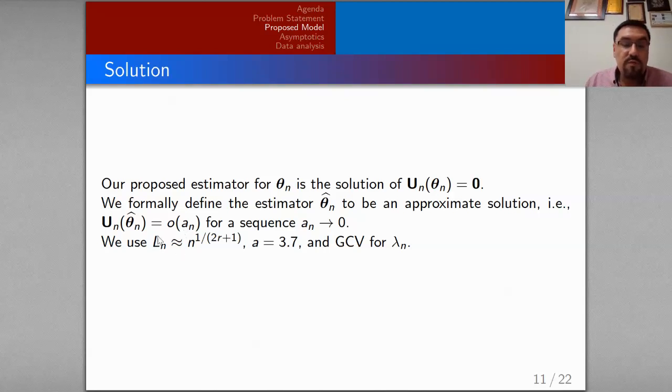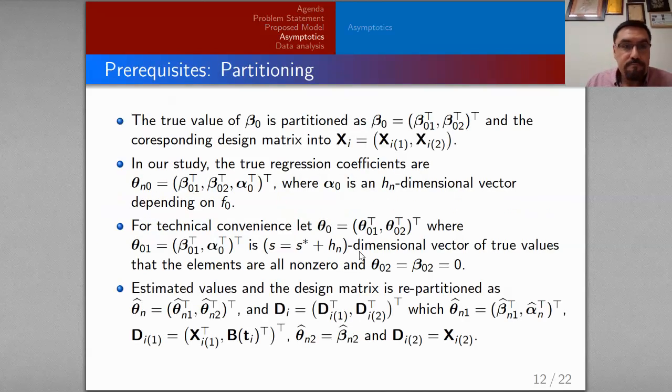Further, we also consider the non-parametric component to be approximately of this order. These are for computational sake. We take the well-known a in SCAD to be equal to 3.7, and we use GCV for the selection of the tuning parameter of the penalty part.